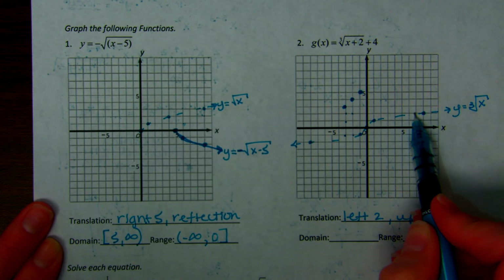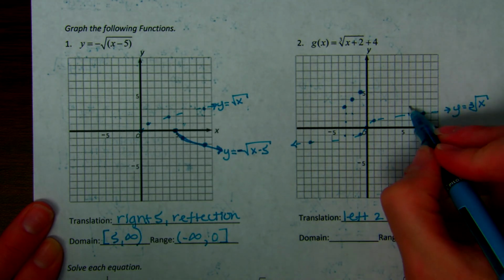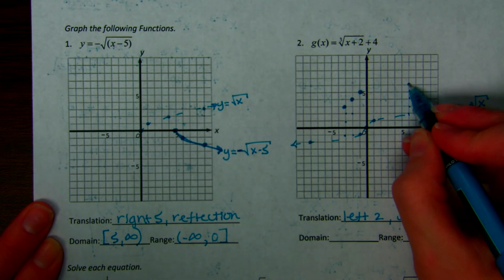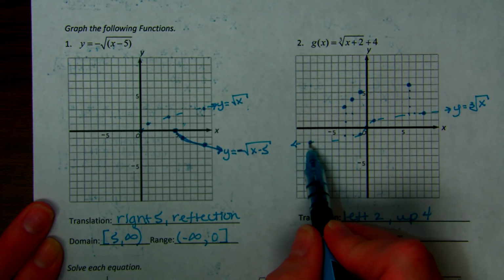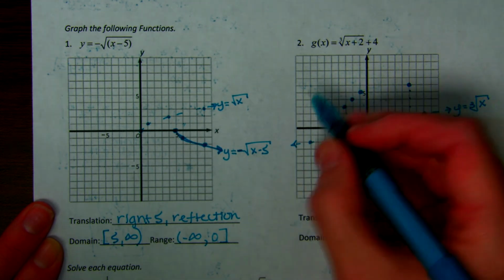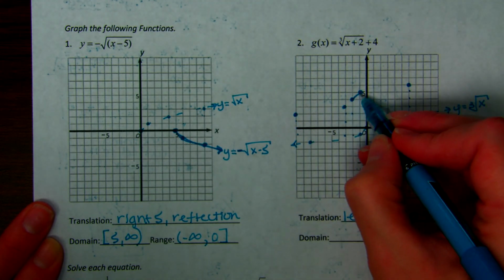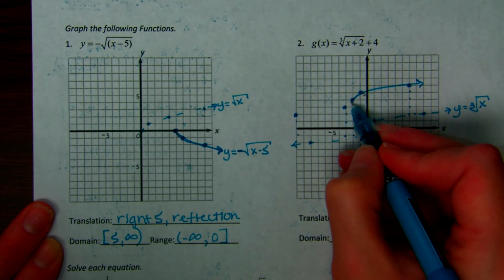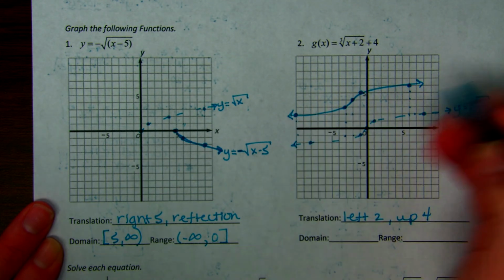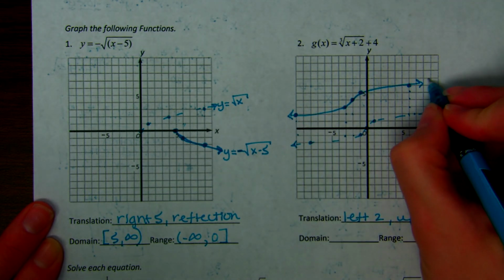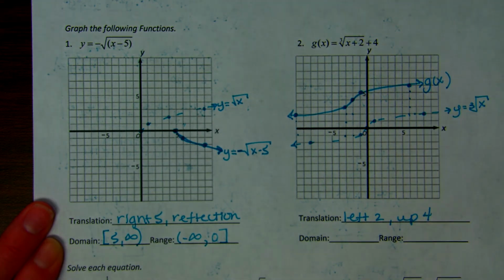This point, the (8, 2), left 2, up 1, 2, 3, 4. And then your (-8, -2), left 2, up 1, 2, 3, 4, like that. And this is our function g of x right there that we graphed.